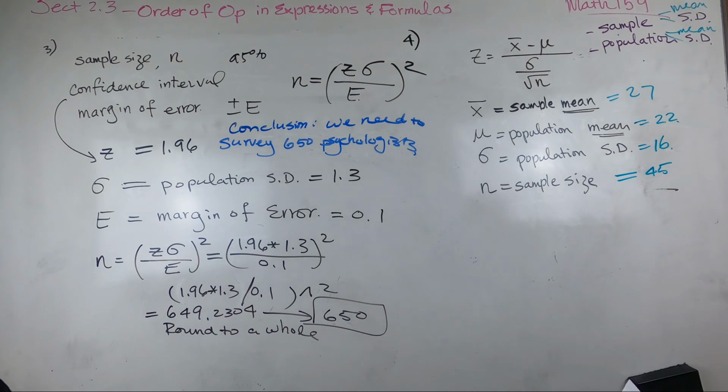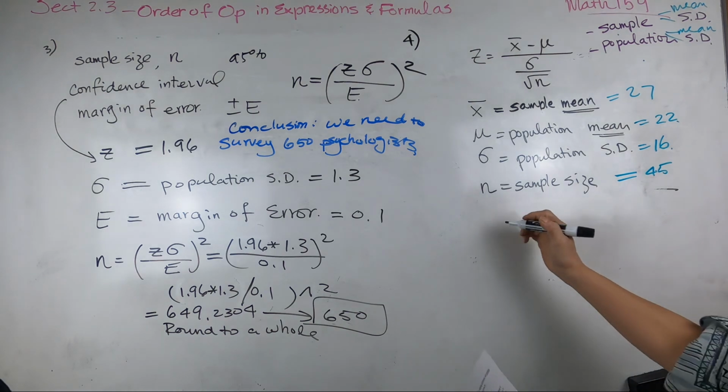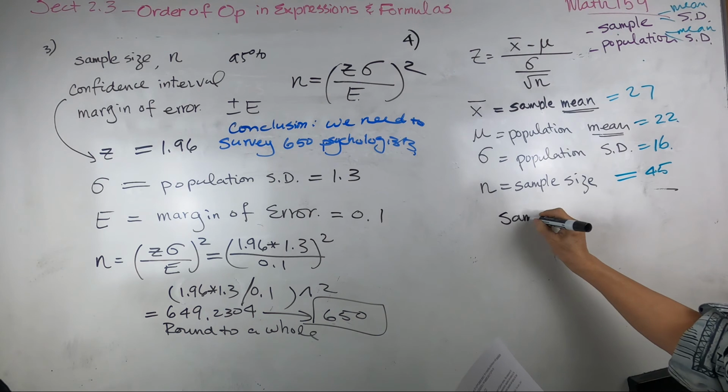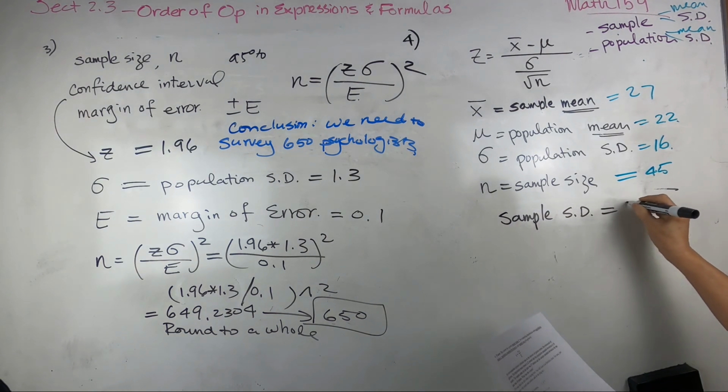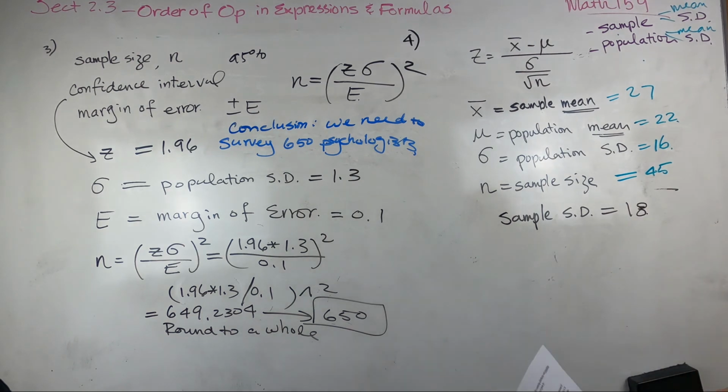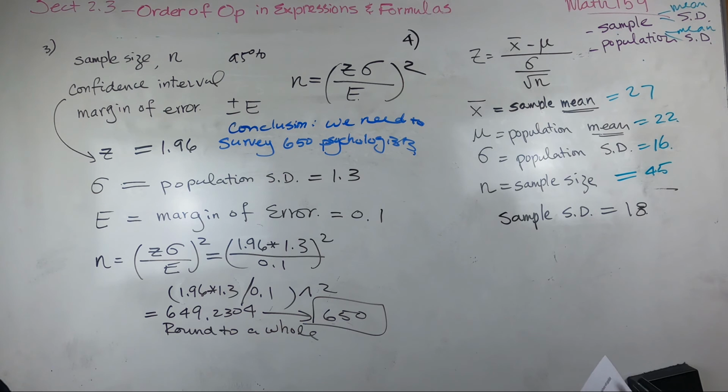Sample standard deviation is 18 meters, right? How many numbers do we have? 45, 22, 16, 27, 4 numbers plus 18.